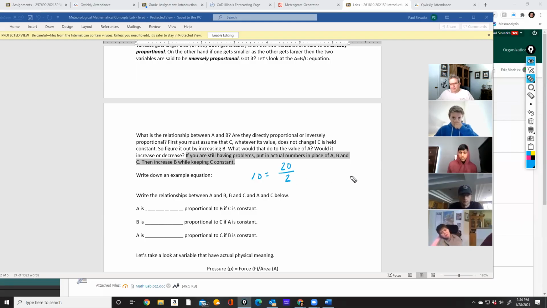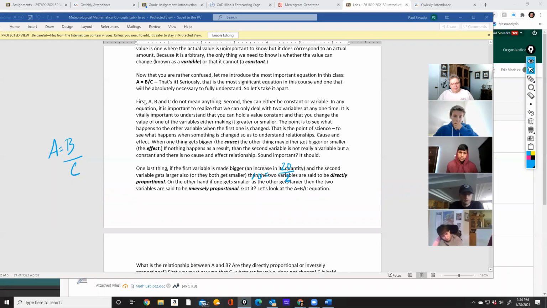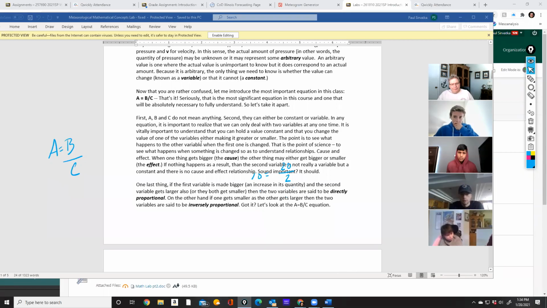Then what? When I have this equation, how many variables do I have? 3. Okay, now, what does it say in this paragraph?